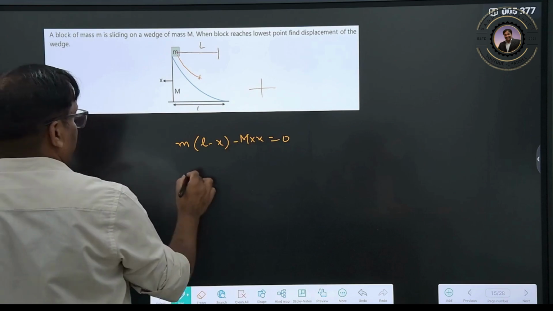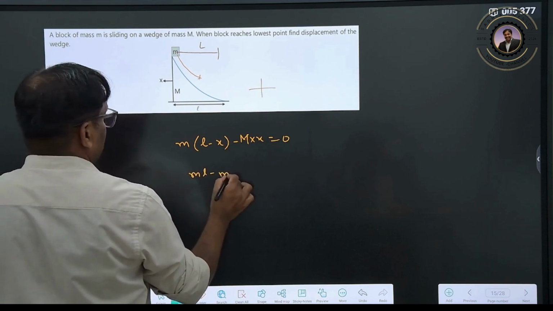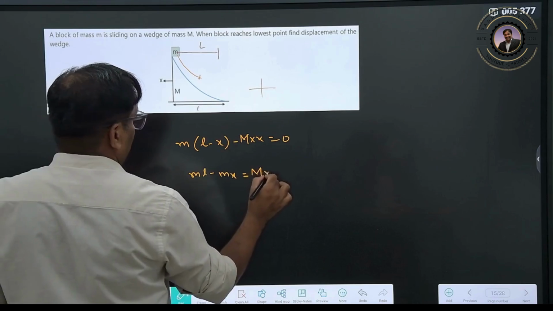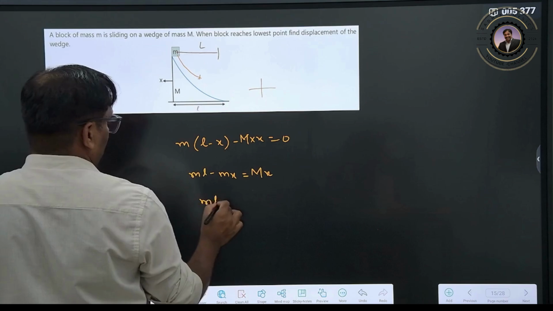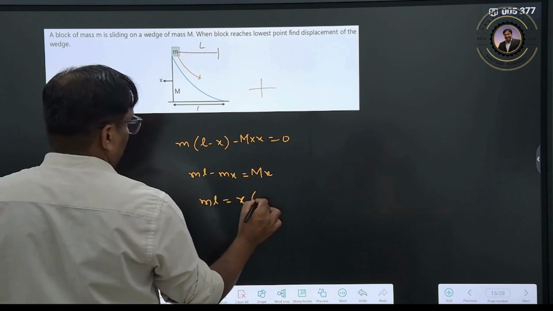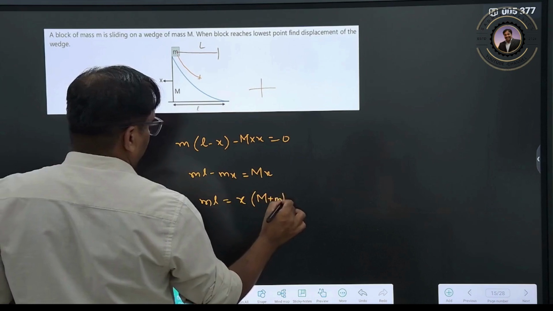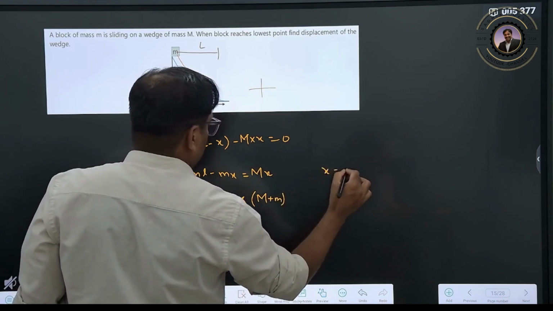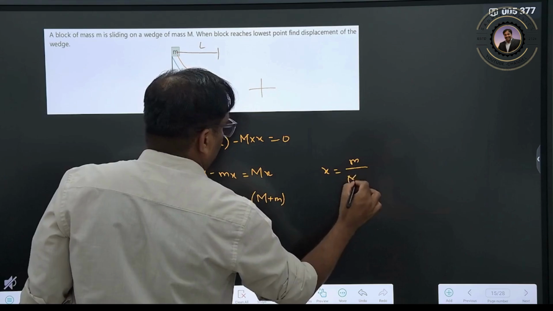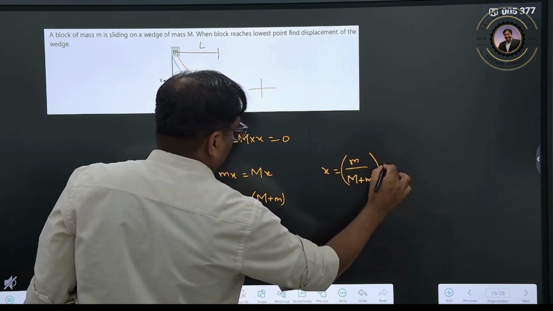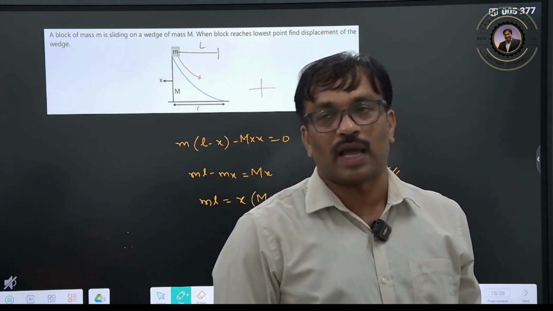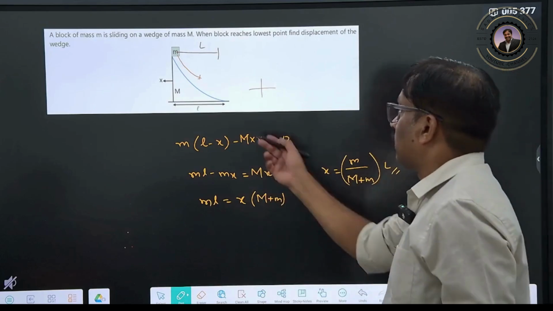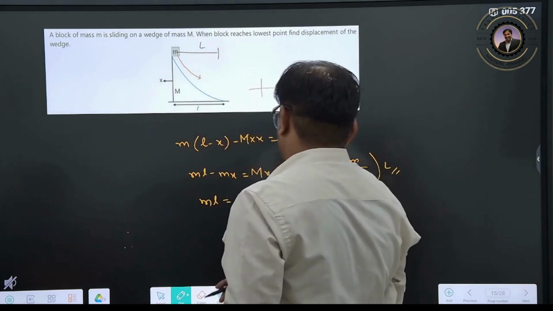So ML minus mx is equal to capital Mx. Taking common, ML is equal to x times capital M plus small m. That implies x is equal to small m by capital M plus small m into L. So this is your right formula to calculate the distance traveled by this wedge backside.